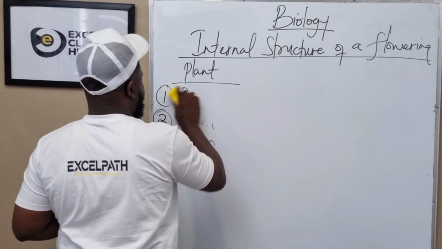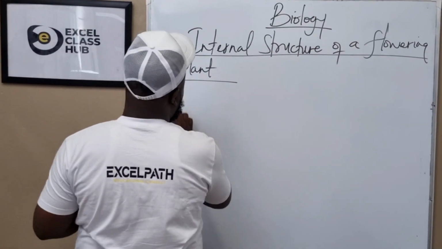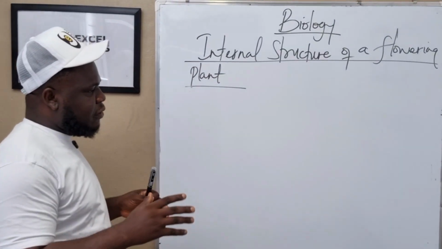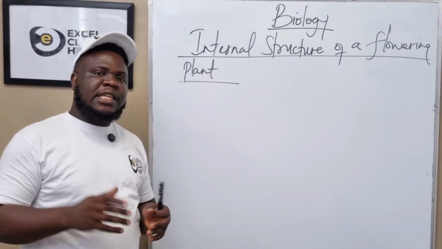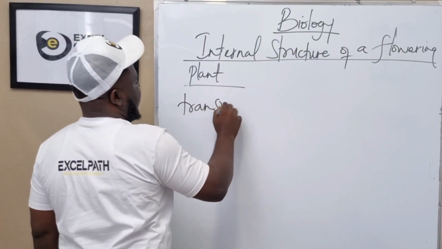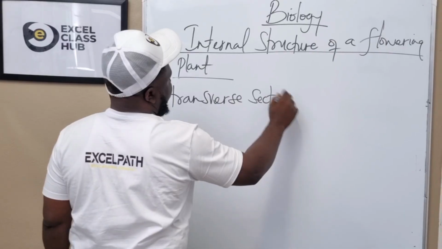Now, how do we study the internal structure of a flowering plant? We do so by taking a transverse section of the particular part that we want to study.